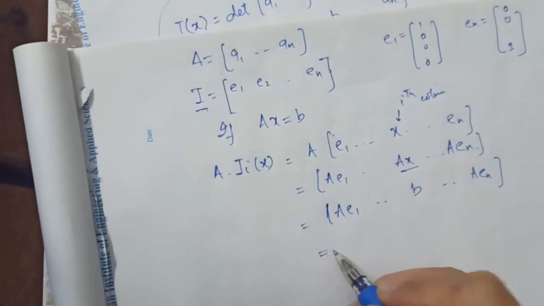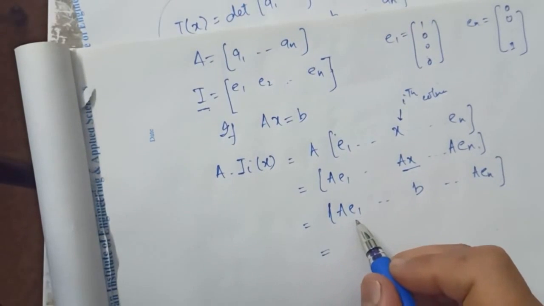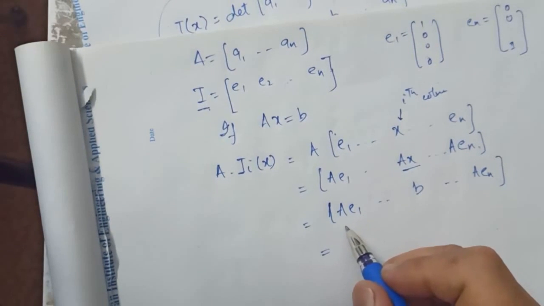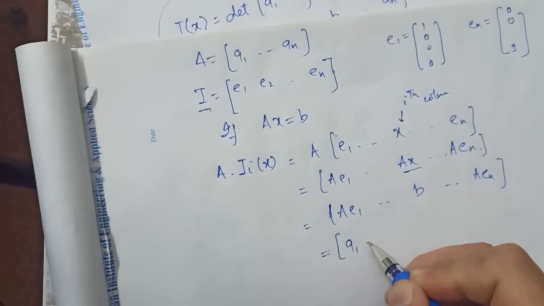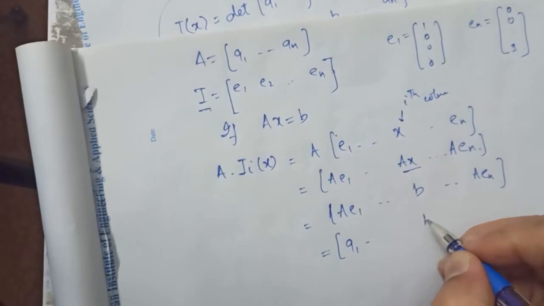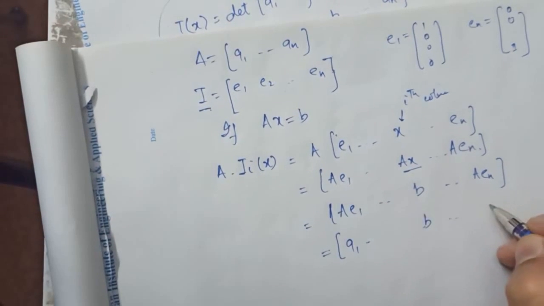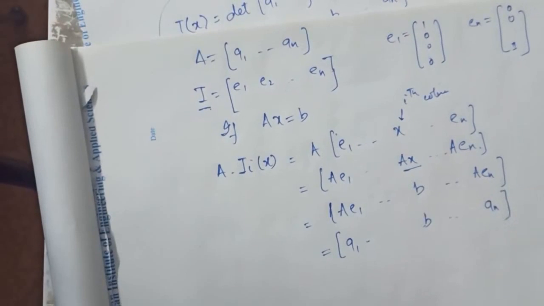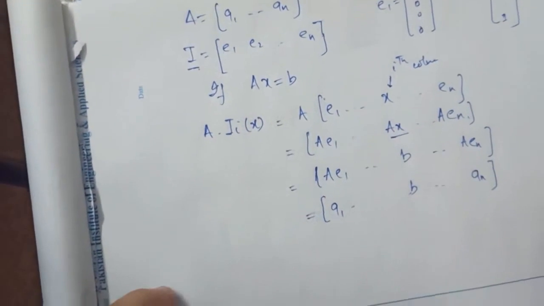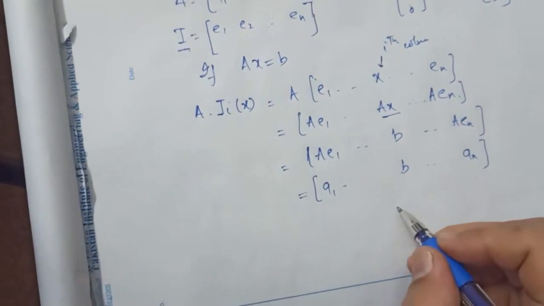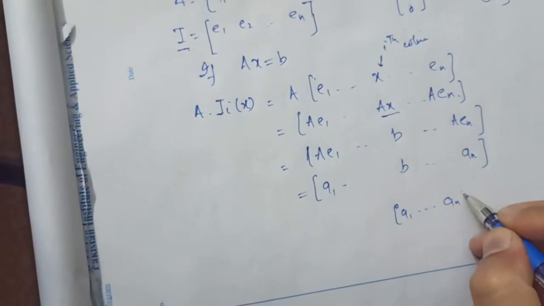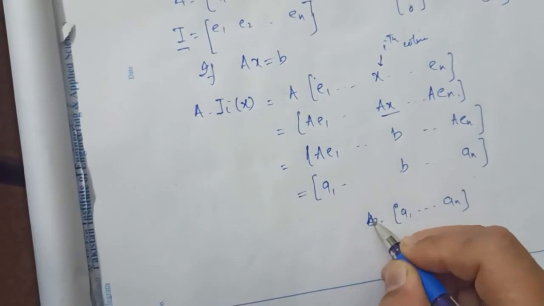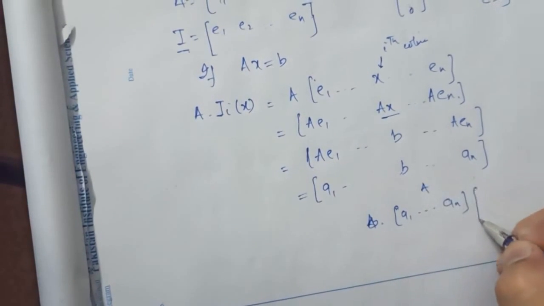Now this is nothing but, we know that Ae1 is equal to a1, and this is b, and this is your an, right. How is that possible that Ae1 is equal to a1? You can think of A as a1 up to an, and e1 we know is nothing but 1 0 0 0 here.